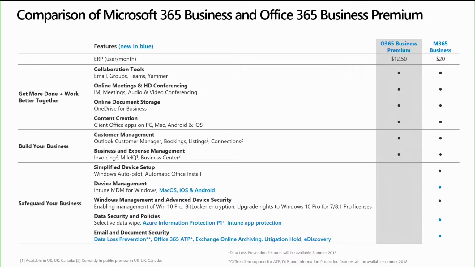So you get full Intune capabilities as well. Data loss prevention capabilities help you prevent sensitive information from leaving the organization. So what it does is it does deep content analysis and looks for patterns such as credit card information or bank routing numbers or PHI routing numbers, and helps prevent the transmission of the sensitive information outside. And then you also get litigation hold and compliance capabilities where you can enable archiving, you can enable litigation hold, you can do e-discovery as well.